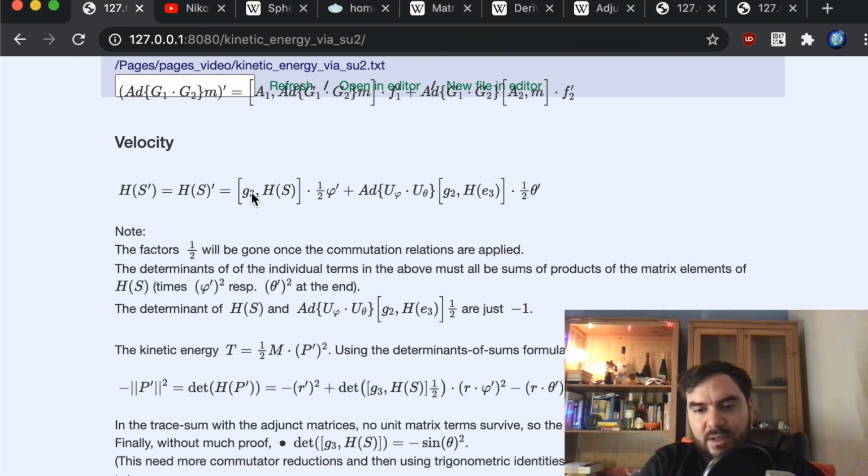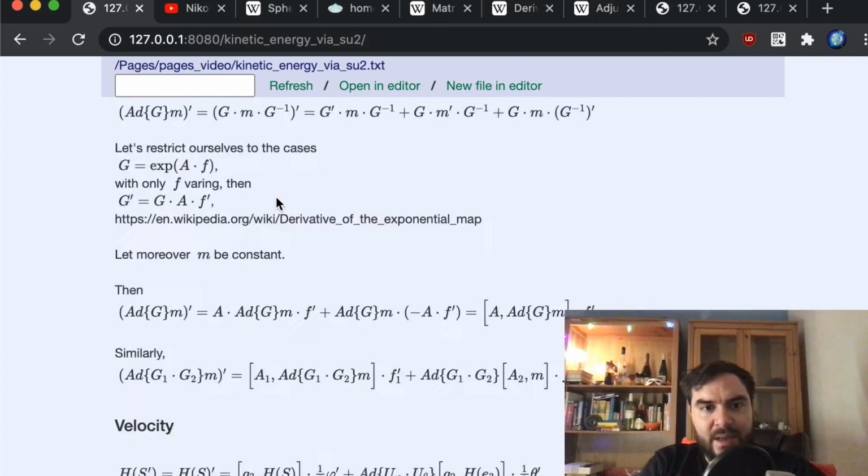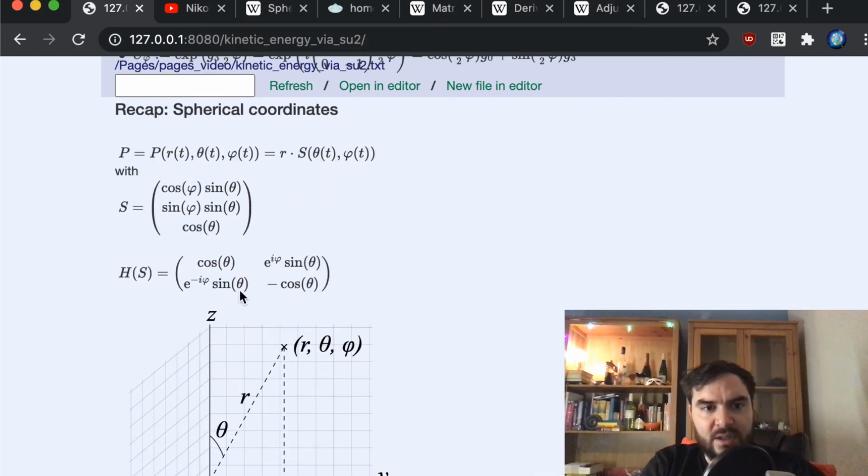Computing determinants for these very simple Pauli matrices and generators is trivial because these matrices are trivial. They have determinants plus minus 1 and so on. But this HS is a little bit uglier. It looks like so, right? It has trigonometric functions in it.